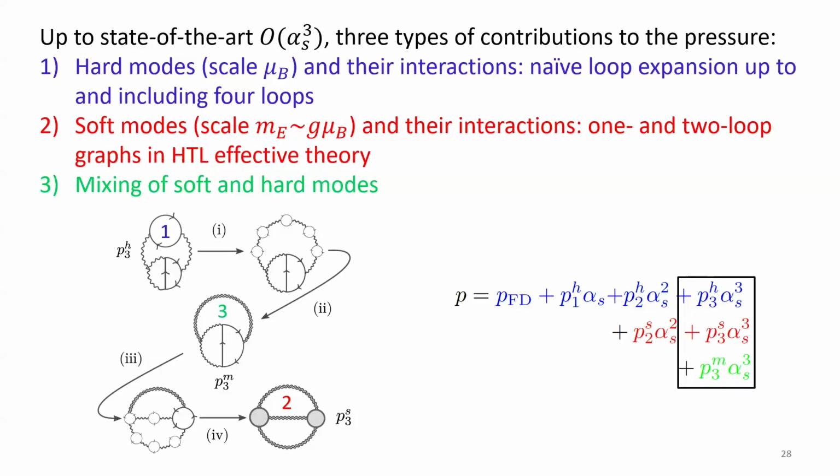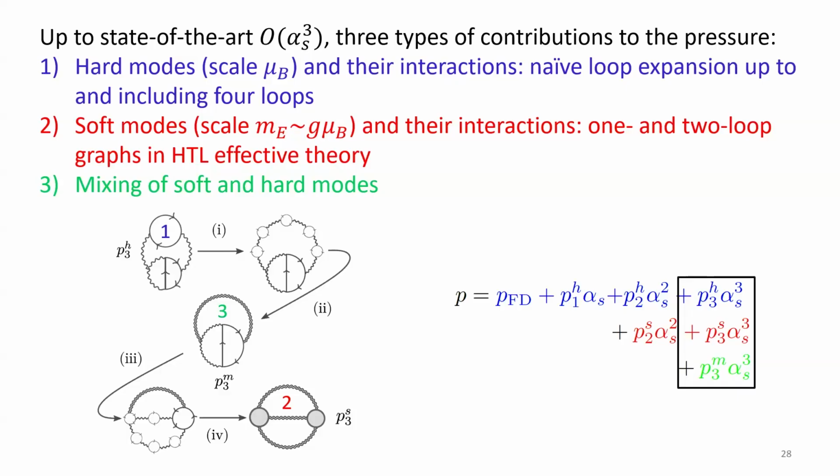But here the assumption is that all of the momenta are of order mu_B. Now if this assumption is untrue, and for instance this gluon line in here, the one that goes from here to here and continues here, becomes soft, then you notice that each Feynman graph like this contributes at the same order as this one.